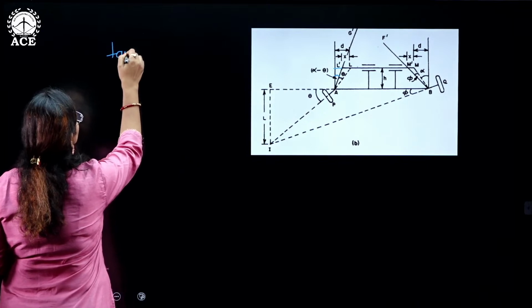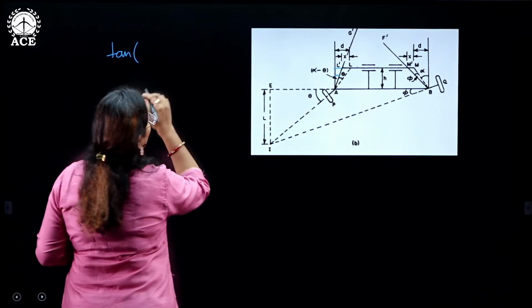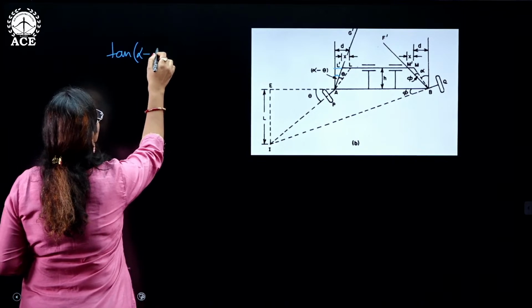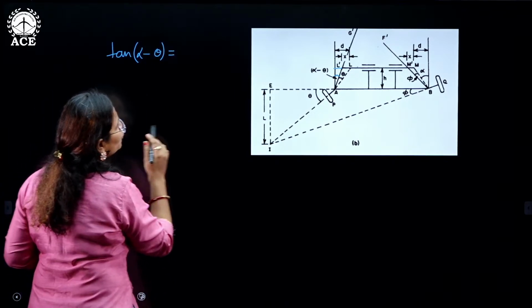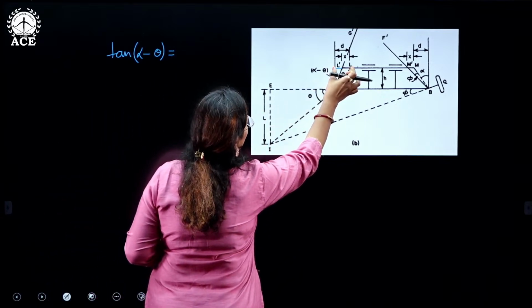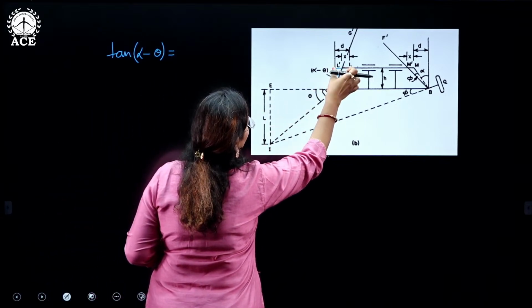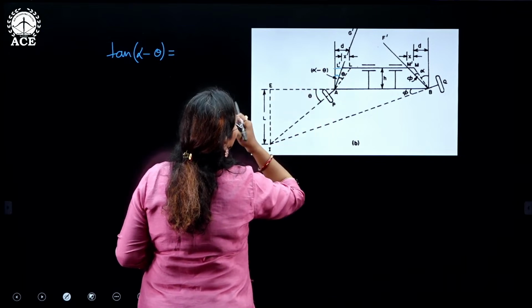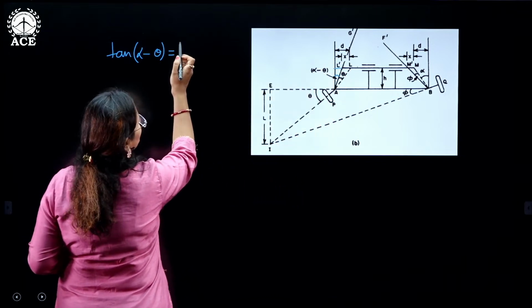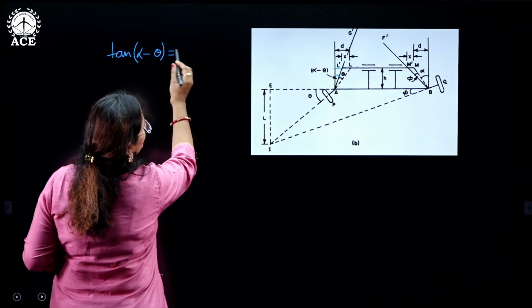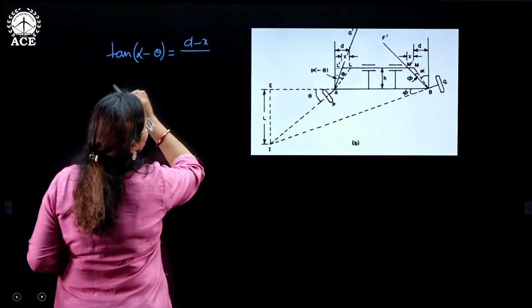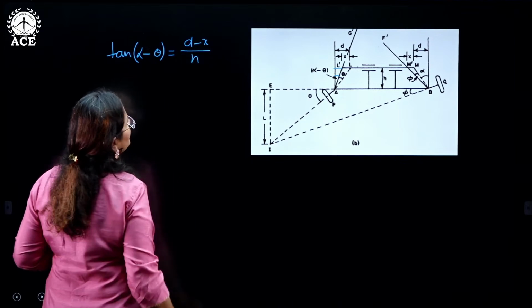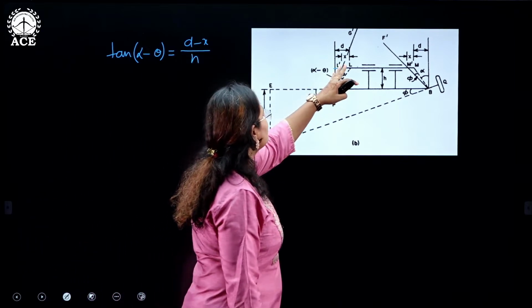Tan of alpha minus theta is equal to, tan means the opposite by adjacent, so it is d minus x by h.